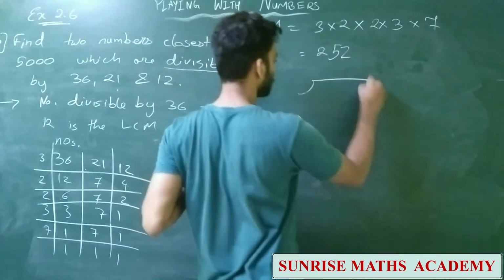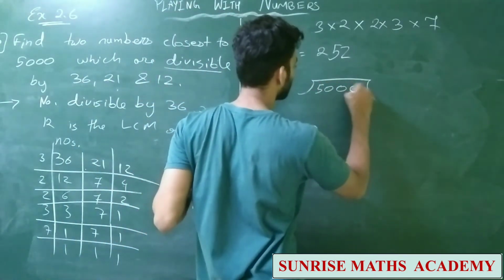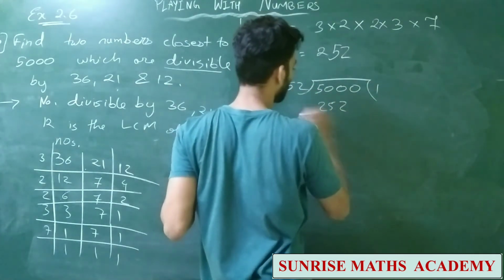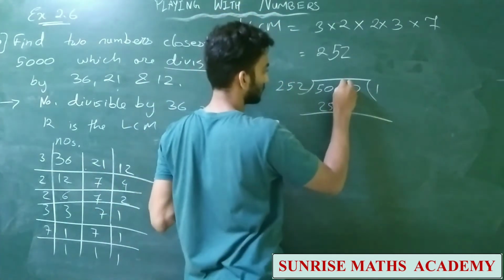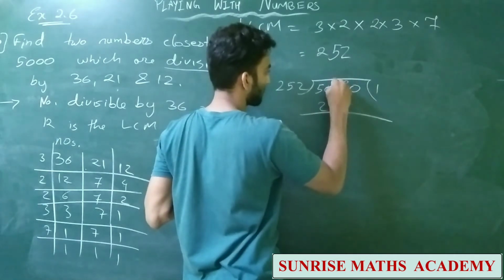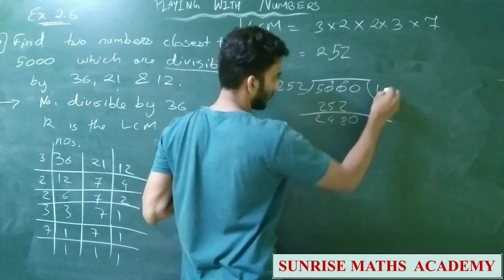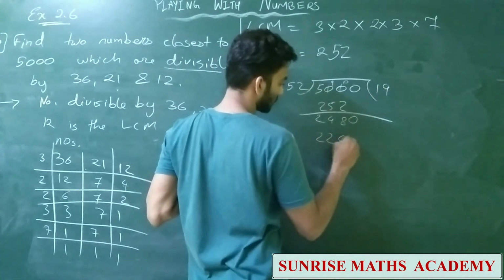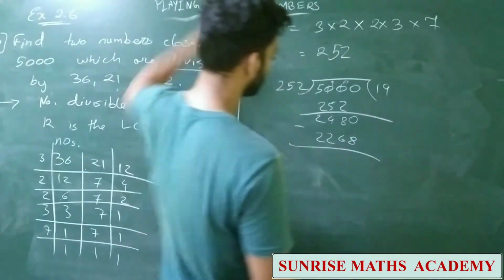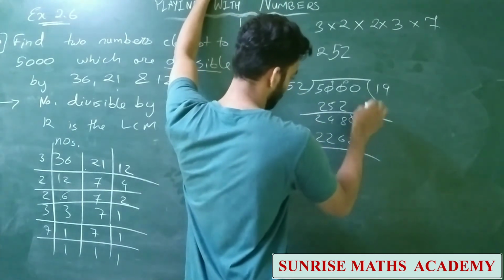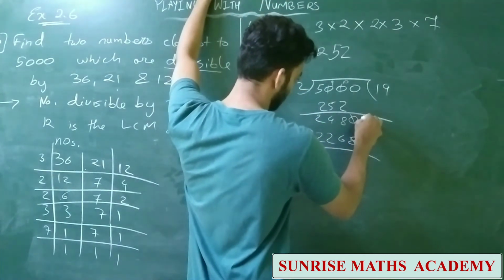252, we divide 5000 by 252. 1 is 252. Here we get 8, 4, 2. Take 0 down and then 9 is up. 2, 6, 8. Let's first subtract here.